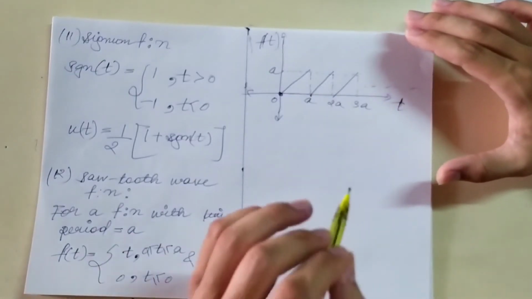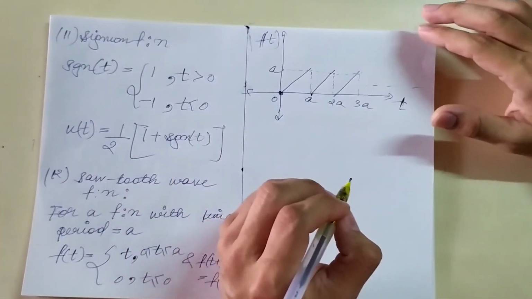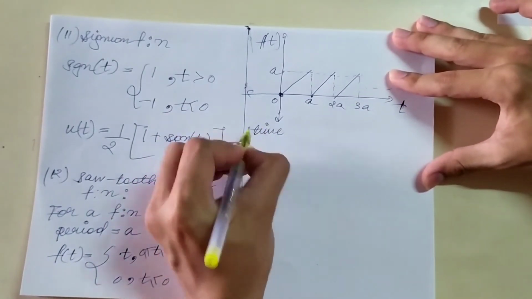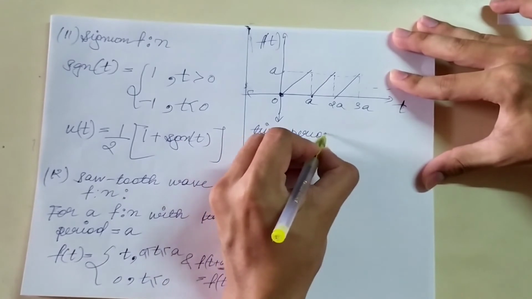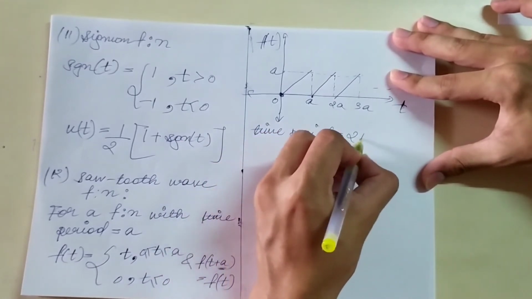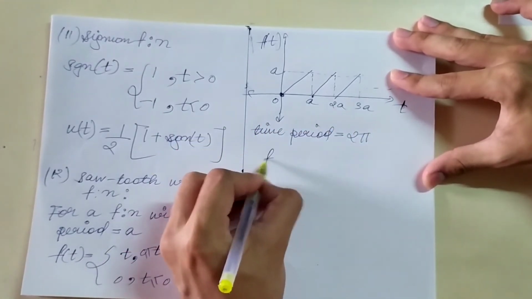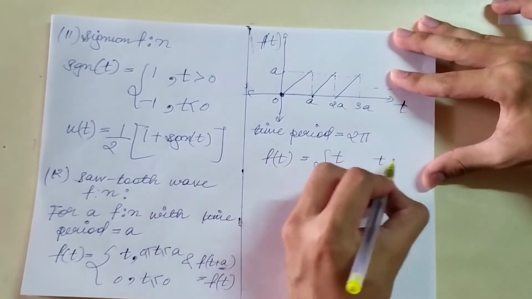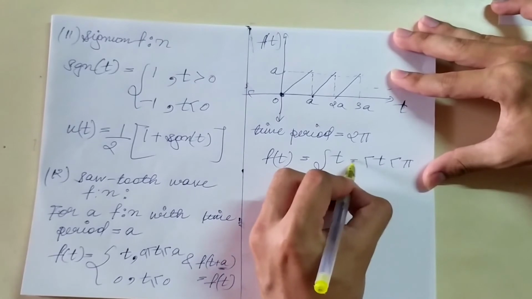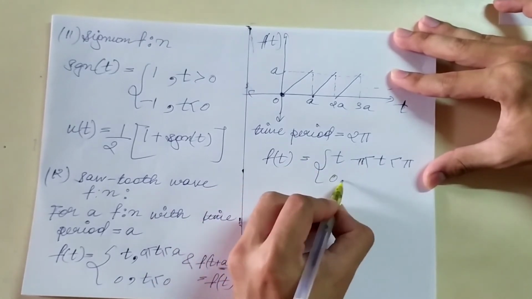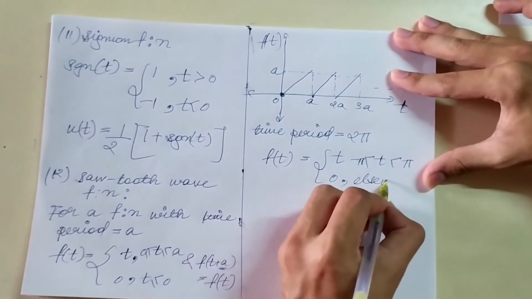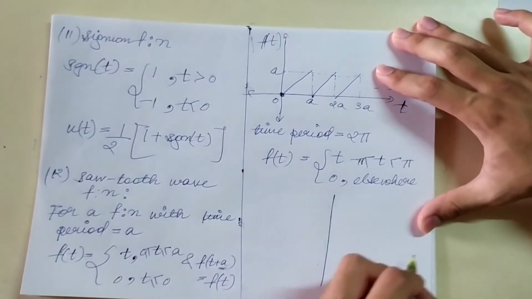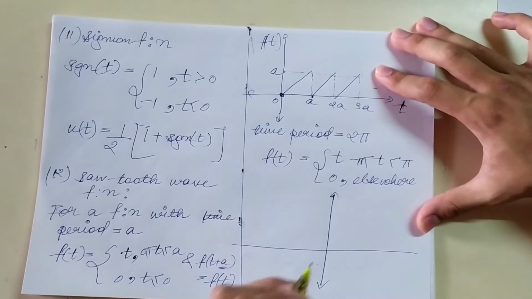Now, there is a special case of this: for time period equal to 2 pi it is defined as, if time period is equal to 2 pi then f(t) is equal to t for t less than pi and greater than minus pi, and 0 elsewhere. So its graph will be something like this.